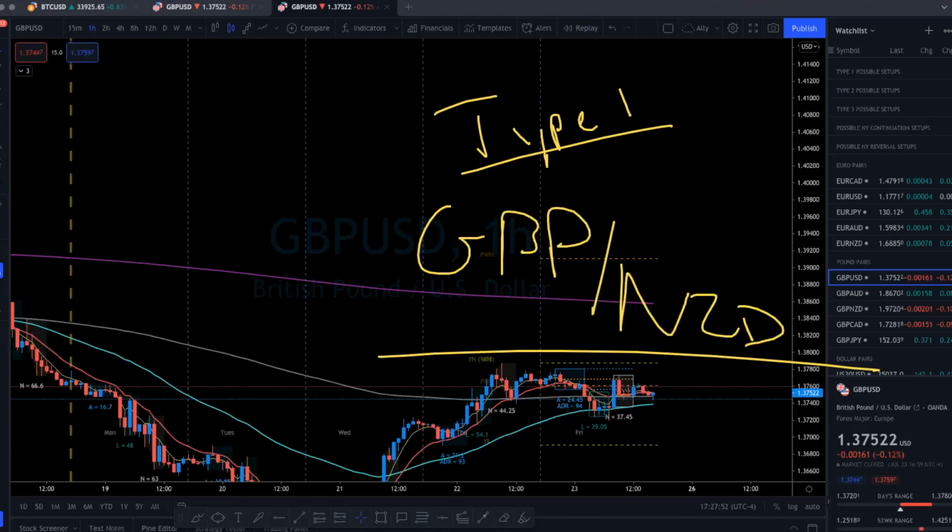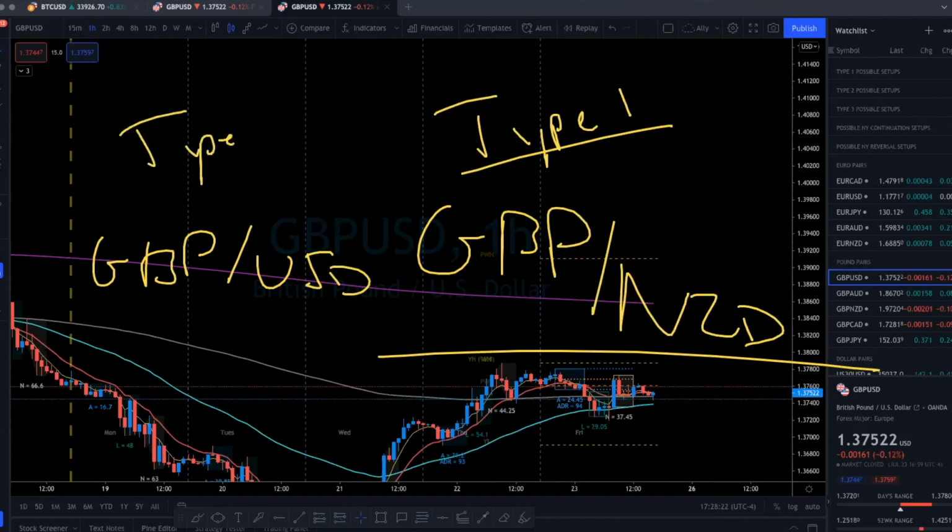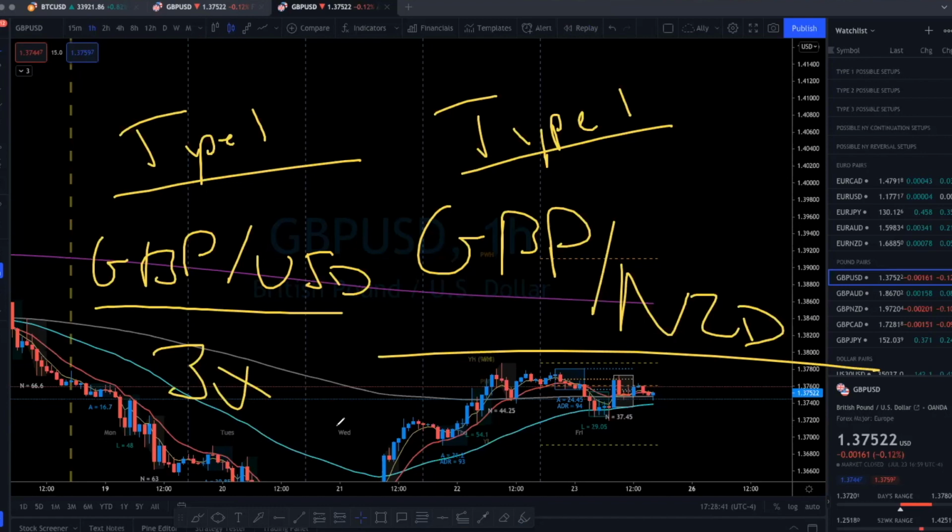So meaning if you go back as furthest you can go back, which on TradingView it's like 18 months, and you try to find all the type 1 patterns on GBP NZD over that 18-month period, and you compare pound USD and the same thing, type 1 patterns, over the same amount of time, what you might notice is that pound USD produces 3 times more type 1 patterns than pound NZD.